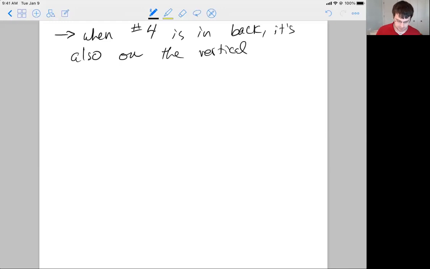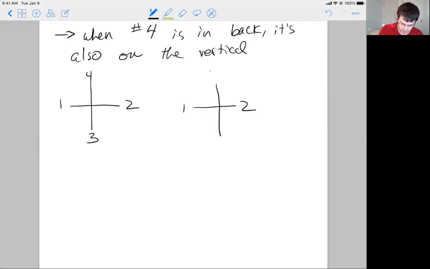Okay, let's look at an example of that. If I have a situation where I have 1, 2, 3, 4, or if I have a situation where I have 1, 2, 3, 4, in both of these cases, number 4 is in back.